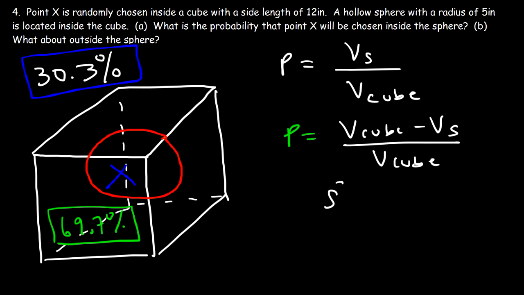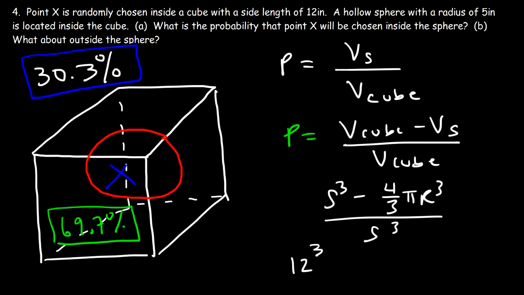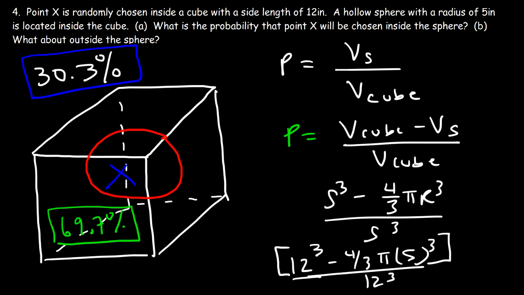So that's going to be s to the third minus 4/3 pi r cubed over s to the third. Now if you're going to type this in, make sure you enclose the numerator in parentheses.